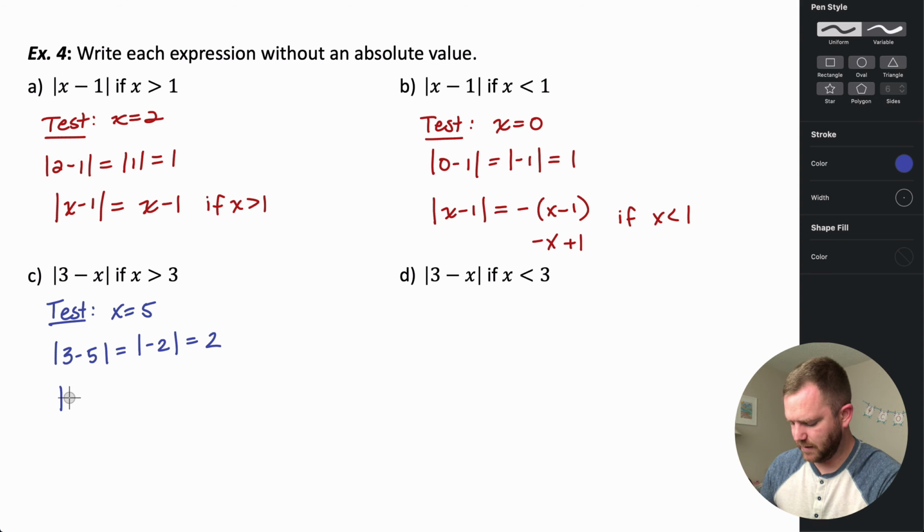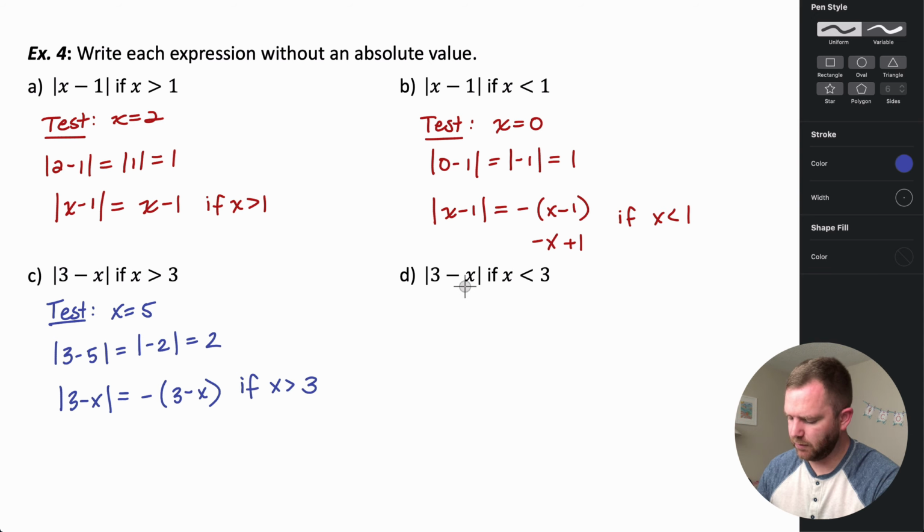So that means that the absolute value of 3 minus x for all x values greater than 3 is going to be the opposite of 3 minus x. And again, if you wanted to distribute through, you could. And this is for x greater than 3. What if x is less than 3? Let's go ahead and test again. Again, 0 works in this, so I'm going to test when x is 0.